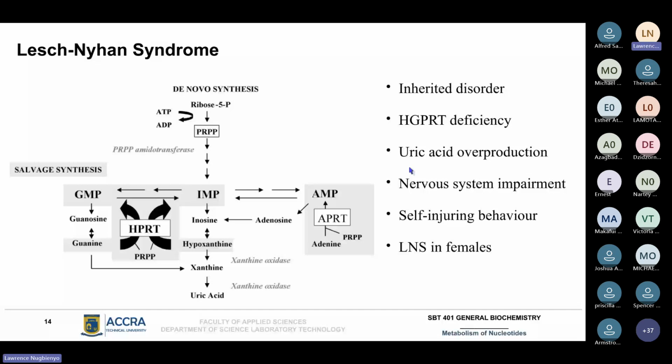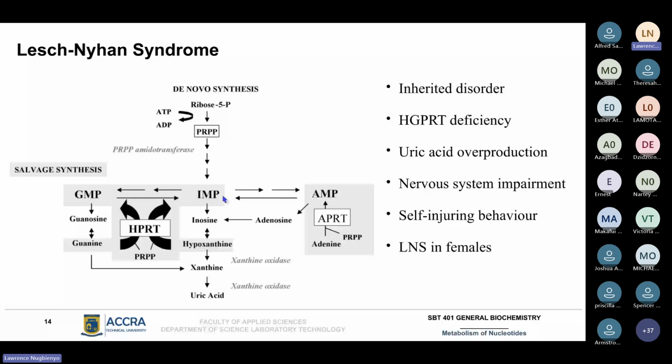So we saw the de novo synthesis of the purines, resulting in the production of inosine monophosphate, and this inosine monophosphate goes into the synthesis of guanosine monophosphate, and then adenosine monophosphate. So adenosine monophosphate and guanosine monophosphate were produced from inosine monophosphate.